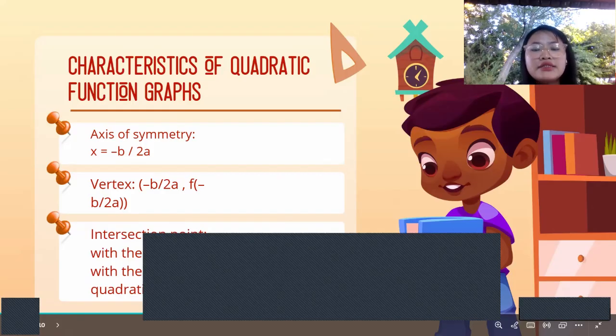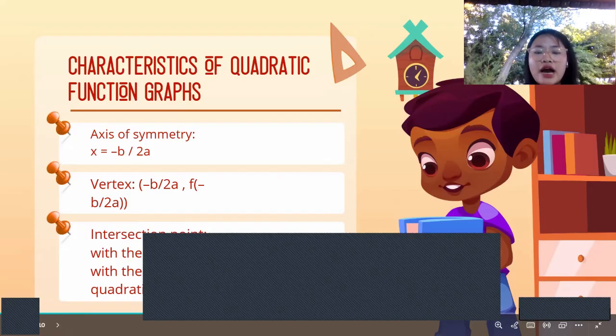Second, it has a vertex, which is the highest or lowest point of the parabola. The coordinates of the vertex are negative b over 2a and f of negative b over 2a.